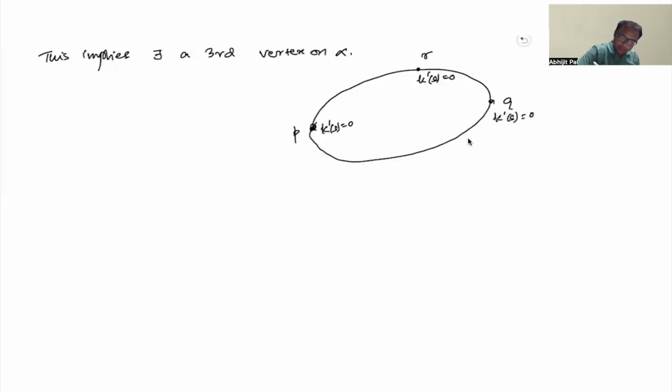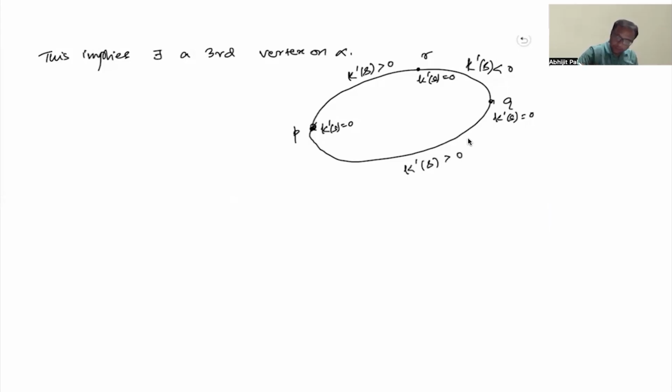Okay, and let us assume again by the same reason, this k prime s will be greater than 0 here on this part joining P to R, and in the next subsegment, this k prime s will be less than 0. Okay, and again in the next segment, this k prime s will be greater than 0.